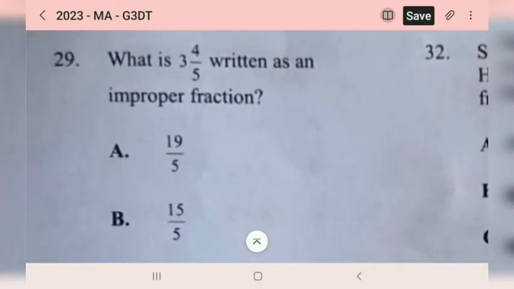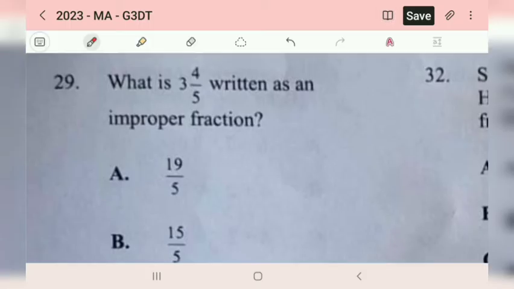Good job. Number 29. What is 3 and 4/5 written as an improper fraction? I think this is a repeat. Let's put an R. This one is a repeat item. Remember that an improper fraction is the result when you convert a mixed fraction. This one we have here is a mixed fraction. It will have a whole number plus a fraction.